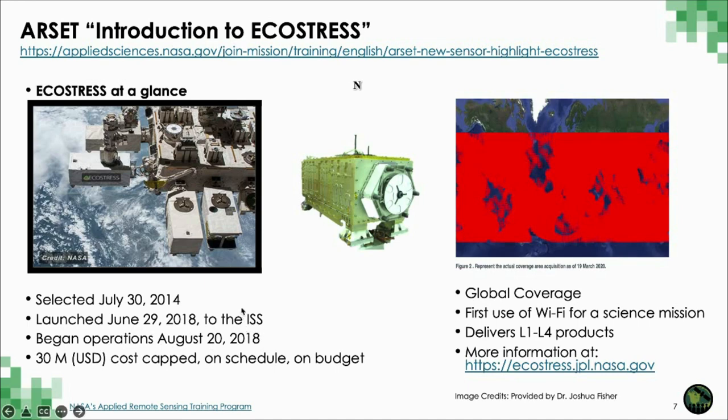It was launched to the International Space Station, and it has a global coverage as we talked about. It was the first mission to have Wi-Fi for a science mission, and it has raw product and many derived products. So all L1 to L4 products are available. And here's the website with more information about ECOSTRESS.